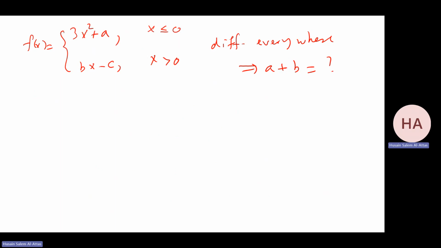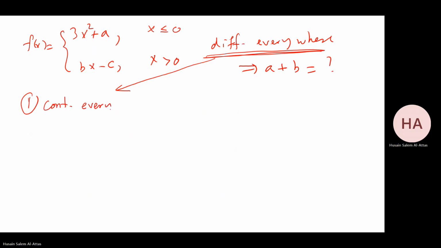Just to be sure that the message is received, when they say differentiable everywhere, that means two things for me. One, it means it's continuous everywhere. Two, differentiable everywhere. So this will give me another statement.